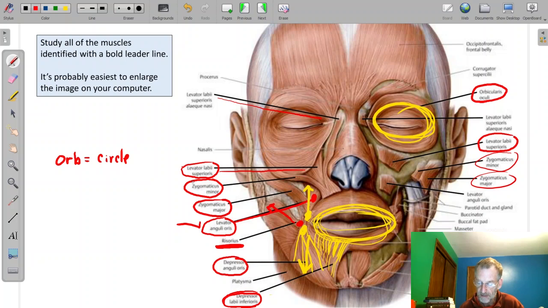So the Levator Labii is going to be elevating the lips. So it's going to be pulling the lips upwards. So the names, all you have to do is focus on the names, understand a little bit about the terminology, like Levator is going to elevate, labii are for lips, etc. Okay? So you may want to enlarge this picture on your computer, zoom in if you have trouble reading the names of the muscles and text.